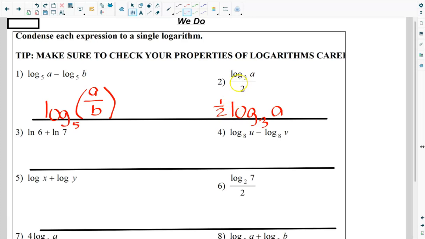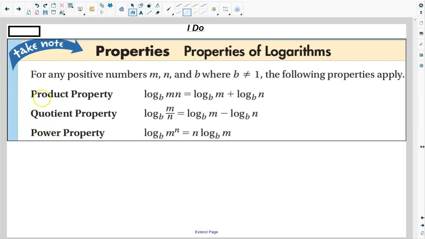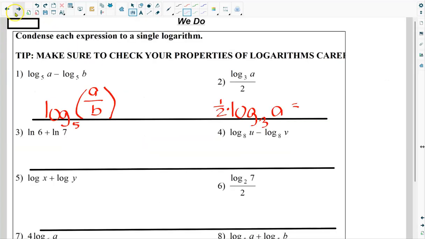This divide by 2 is a half that can get multiplied up here in the front. So this is going to involve the power property.